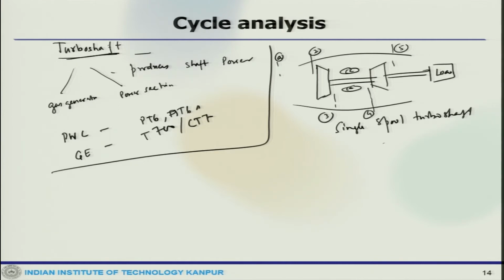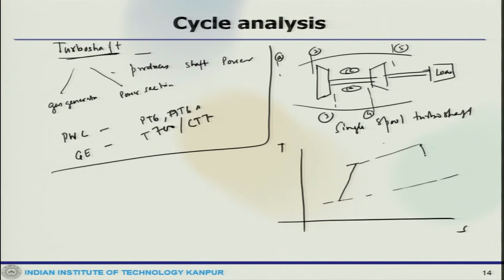The T-S diagram of the same engine will look like this, starting from here, it will go there, and then from there it will come here. So, this is 3, here PA equals P02 equals P5, this is 5, this is 4.